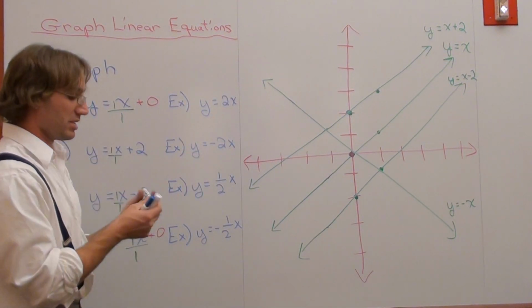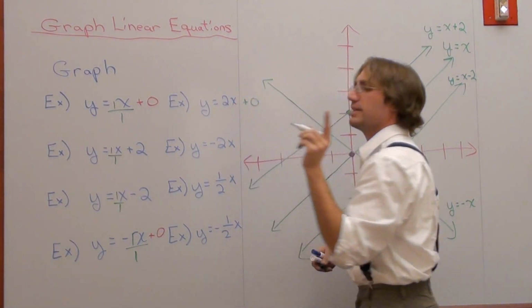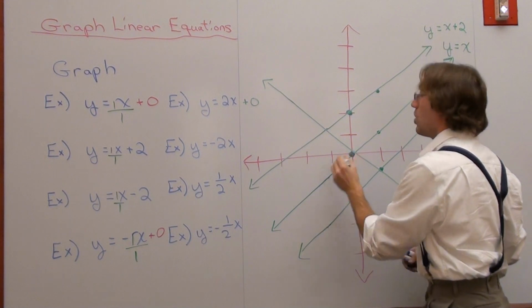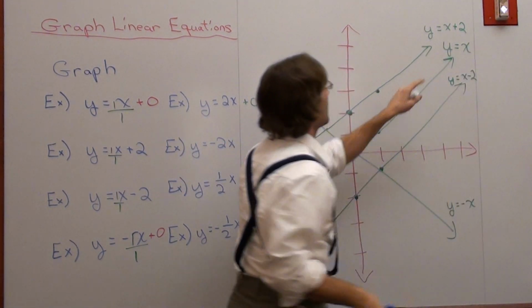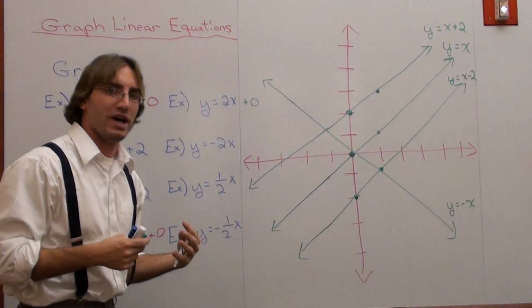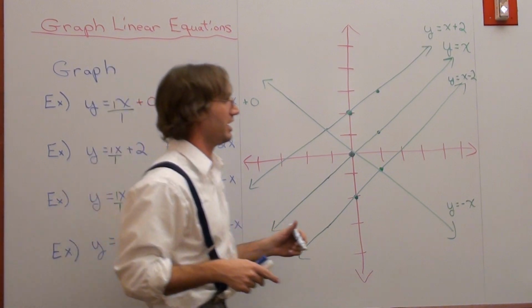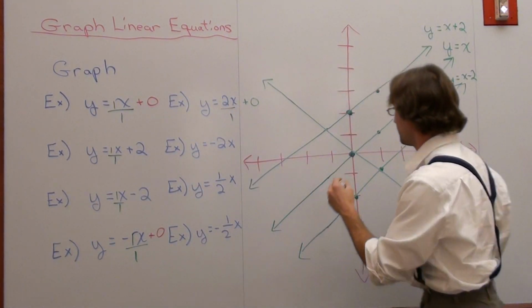Y equals 2x. Again, the y-intercept is at 0, but this one is different. Y equals x is this graph right here. What do you think a bigger number will do to a line? And it does change it. Let's find out. The slope is 2 over 1.